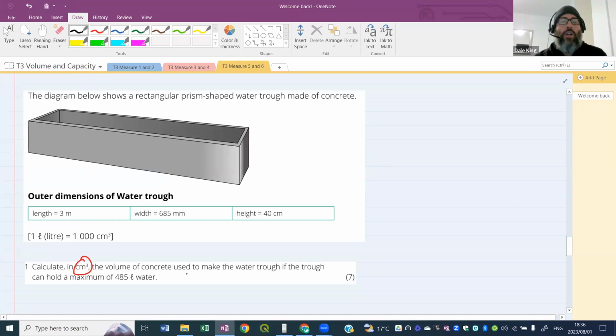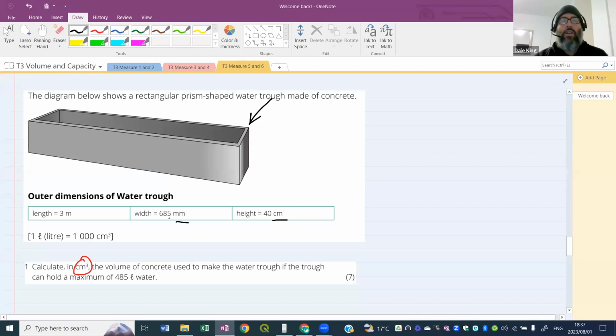The concrete. Okay. There's no concrete inside here. They're talking about this layer of concrete. The width looks a lot bigger, but we've got millimeters here for width and 40 centimeters there for height.